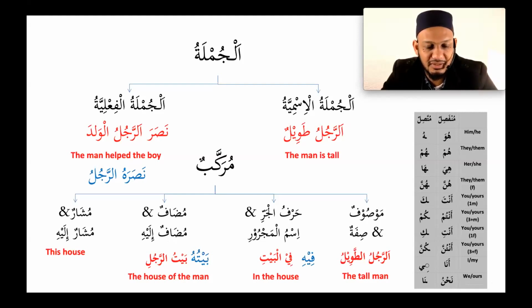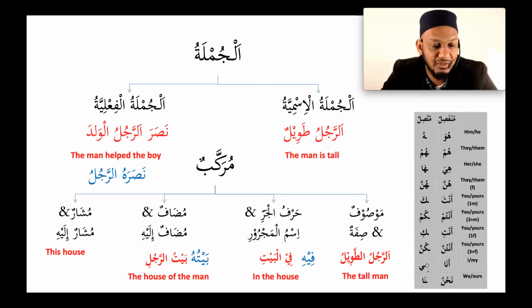Okay. So that's the third occurrence. Can you see it's all hu, hi and hum, the same attached pronoun, but here it's attached to an ism. And when it's attached to an ism, it's always going to be mudafun ilayhi. So what I want you to take out from this is that we have attached pronouns.